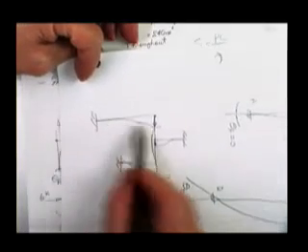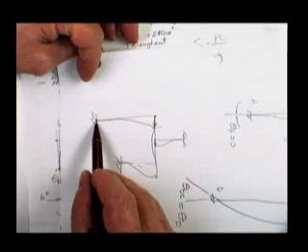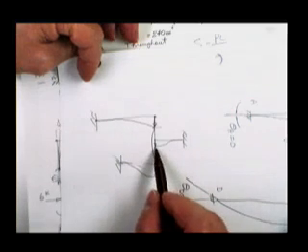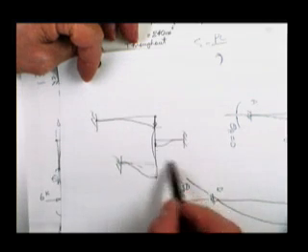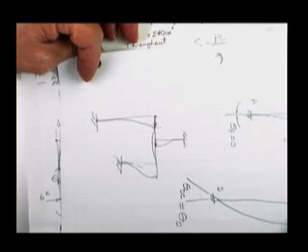See how this one right here, the end rotated clockwise with respect to that end? But on this one it rotated counterclockwise with respect to the end. That's how you could get some plus deltas and how you could get some minus deltas.